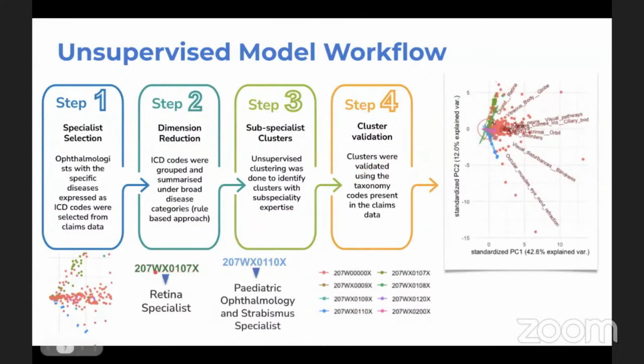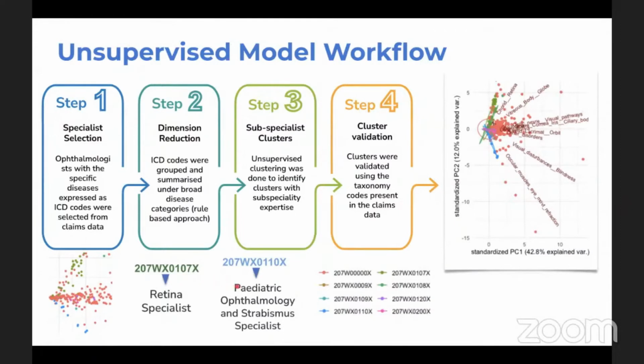We found that these green physicians were mainly retina specialists, and the blue ones were mainly pediatric ophthalmology and strabismus specialists. So you can already identify these subspecialists who are particularly expert in a subdomain of ophthalmology. Now, this can be of multiple help.